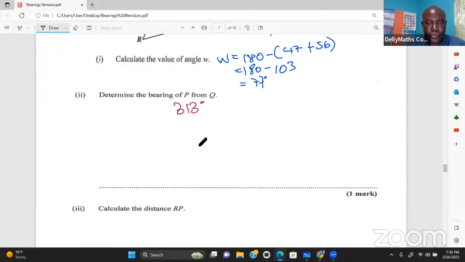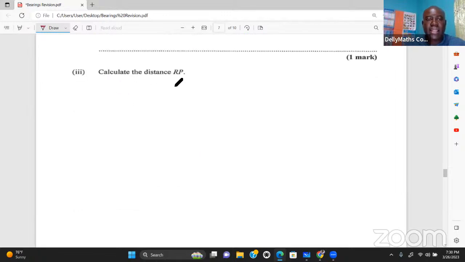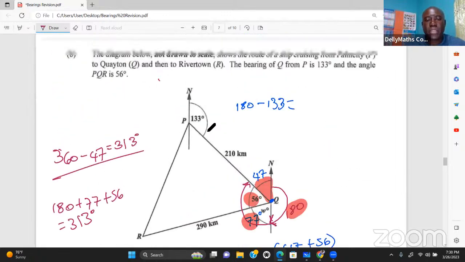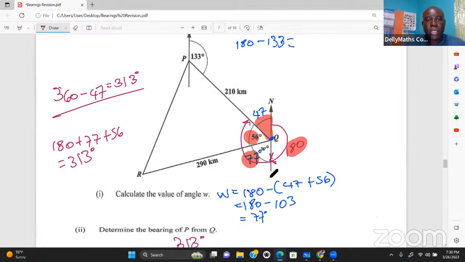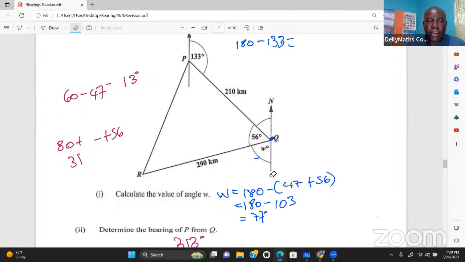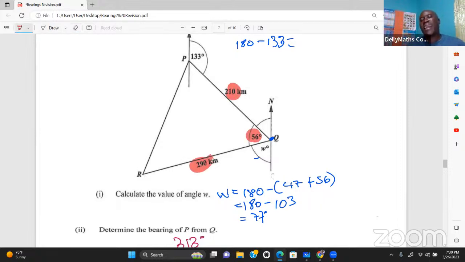Calculate the distance RP. As you could see, if I clear the diagram up, they're looking for RP. You can see for yourself that we know everything in this corner. So at H, we have an angle between two sides and we're going across.